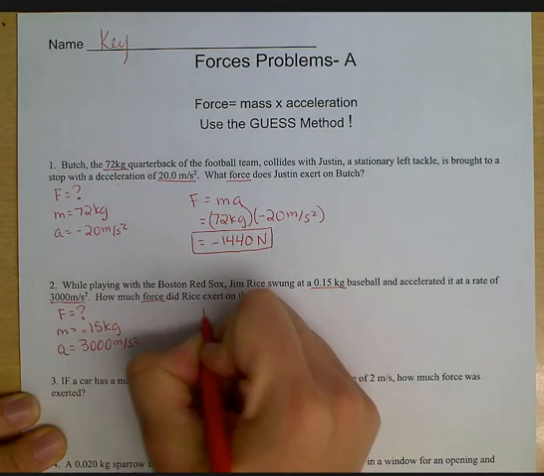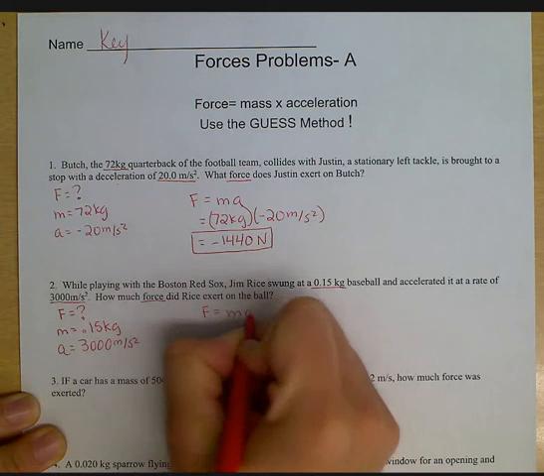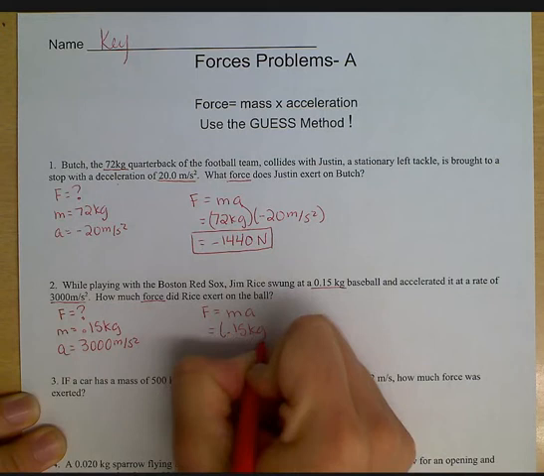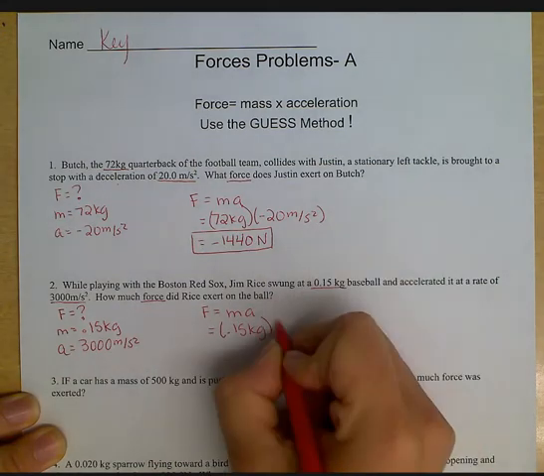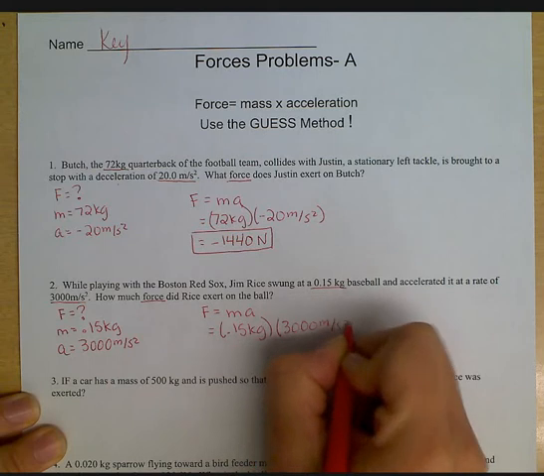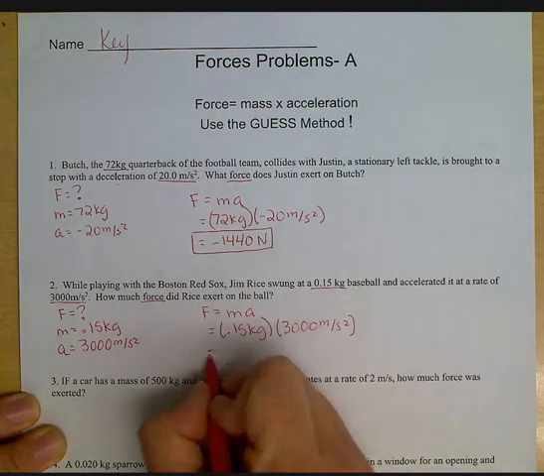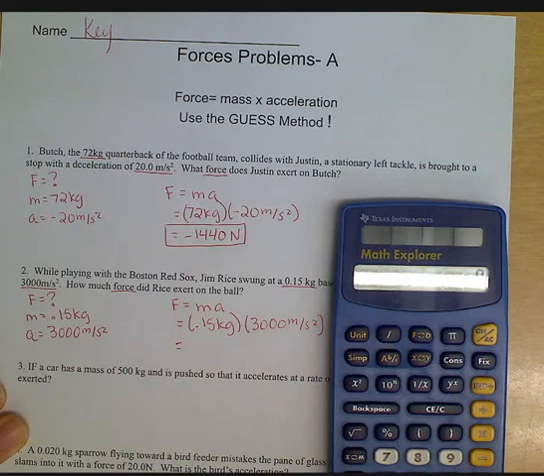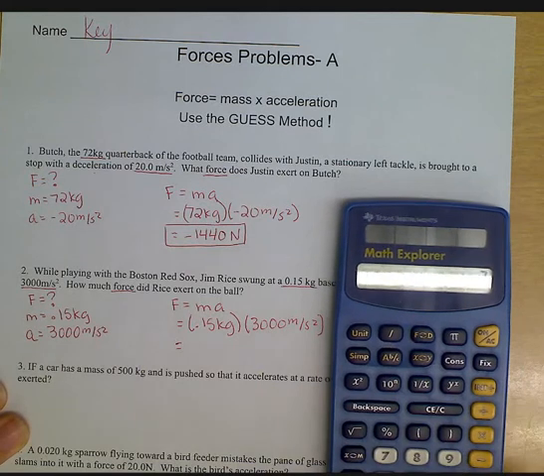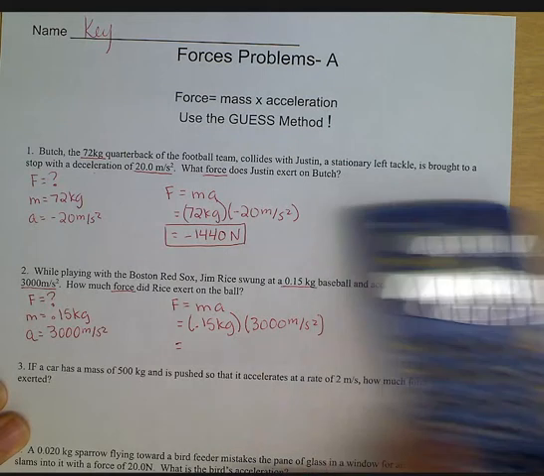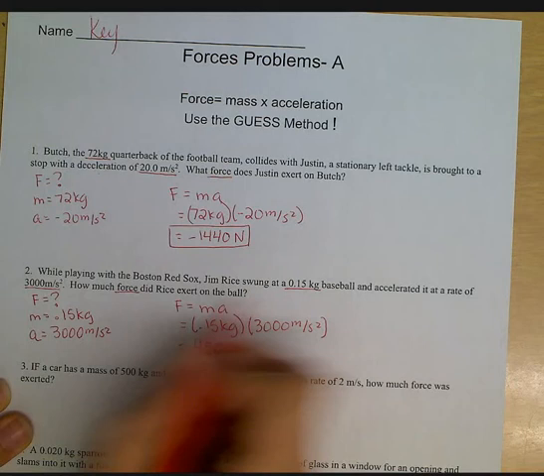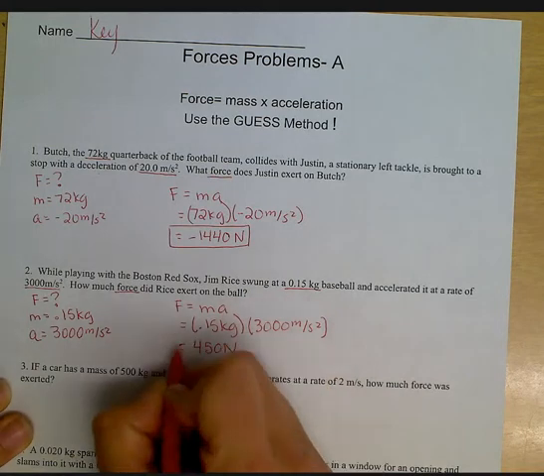I'm going to write out my equation. Substitute in the numbers that I know. So I have 0.15 kilograms and 3,000 meters per second squared. And now I'll calculate. It's going to give me 450. And it's a force, so I know my unit will be Newton.